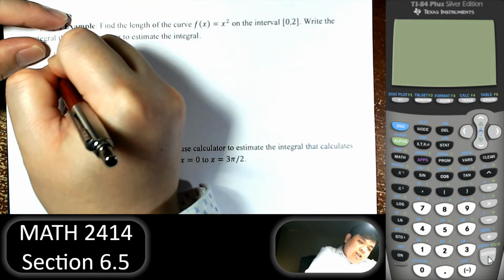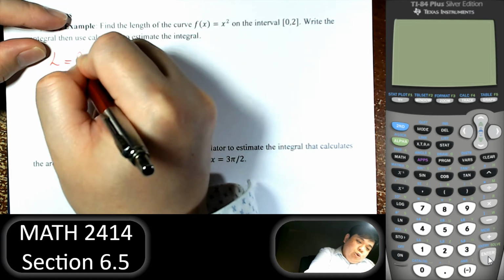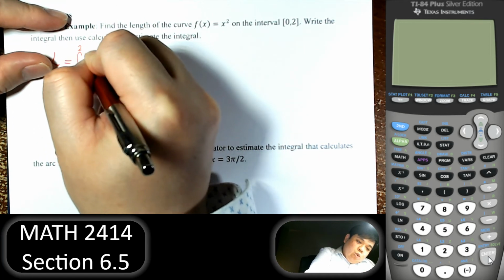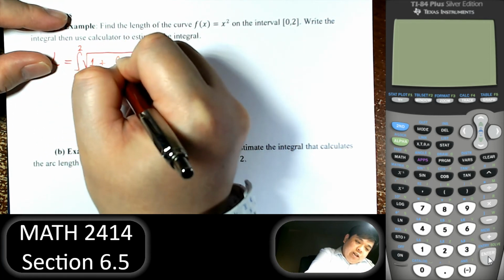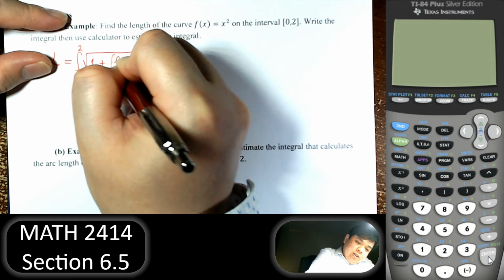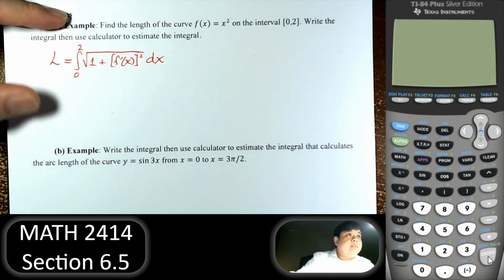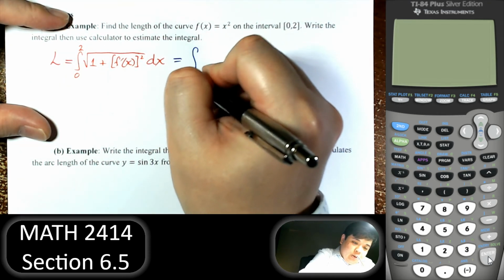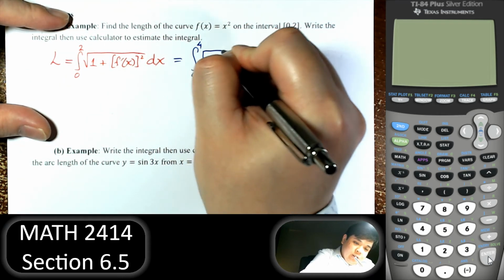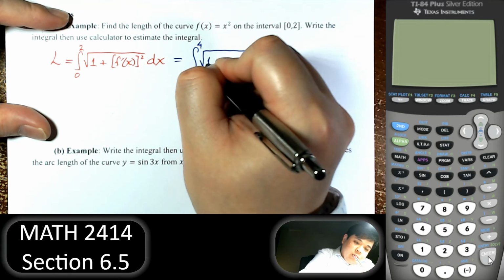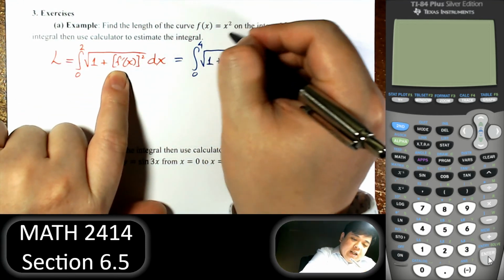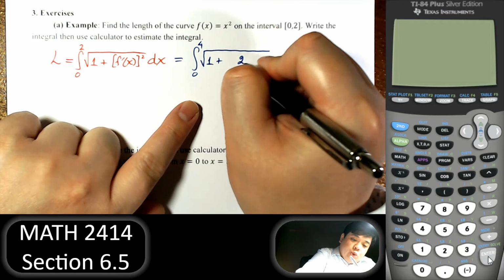Simple enough. Arc length, now we know from 0 to 2, square root of 1 plus derivative square. So it is the integral from 0 to 4, 1 plus the derivative of x squared, that's just 2x.